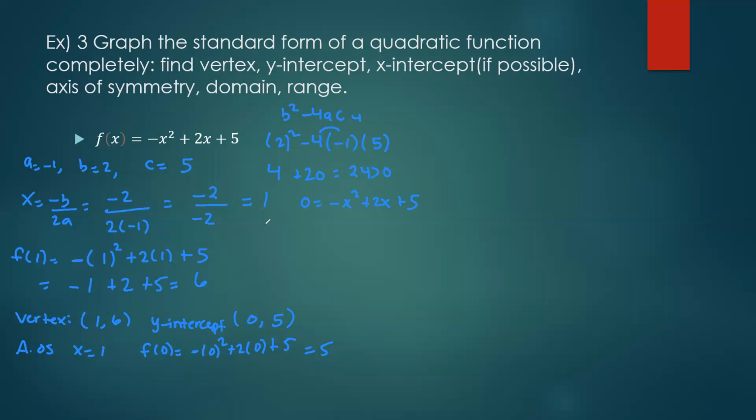So we use the quadratic formula. x is the opposite of b, which is -2, plus or minus the root of b squared, which is 4, minus 4 times a, which is -1, times c, which is 5, all over 2 times -1.